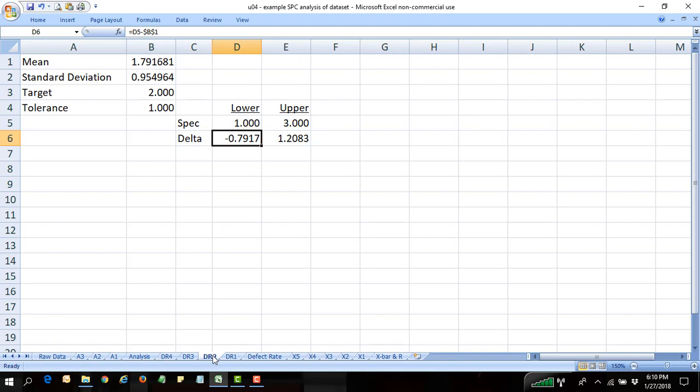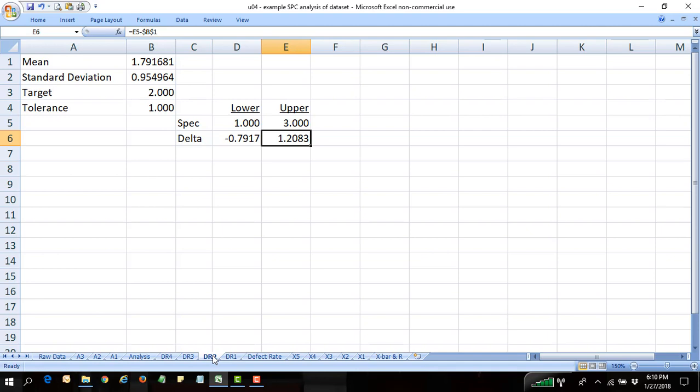So 1 is to the left of the mean. The mean is inside the spec limits as I would expect, so I know how far in these units, millimeters if that's your example. I would do the same thing on the upper side. I would take the 3 minus the 1.79 to determine that the 3 specification limit is 1.2 above the 1.79. The positive value tells me it's above the mean. The negative value told me it's below the mean.